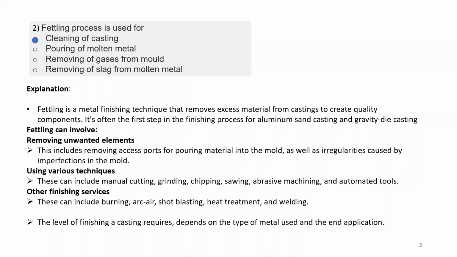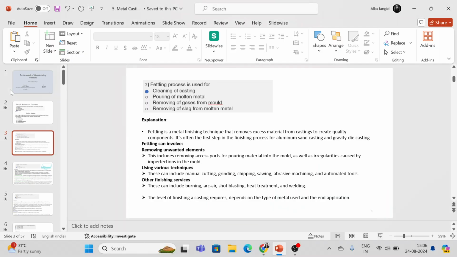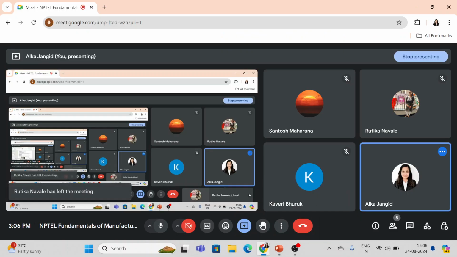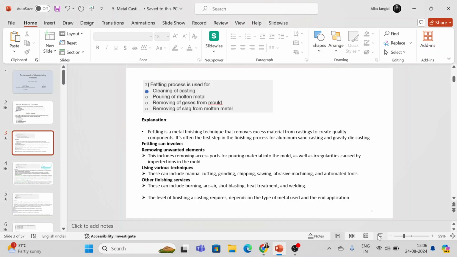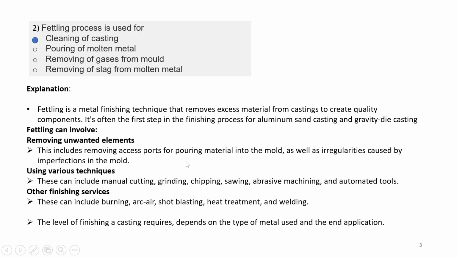This can involve removing unwanted elements. This includes removing excess parts from pouring material into the mold, as well as irregularities caused by imperfections in the mold, using various techniques.